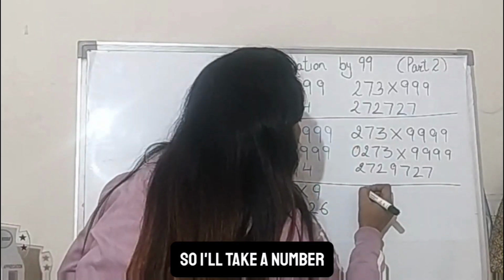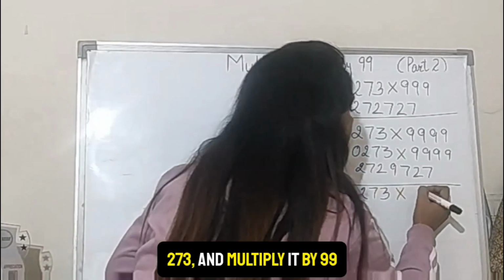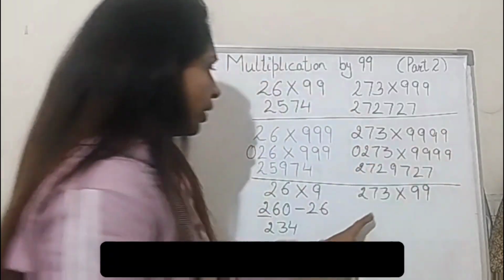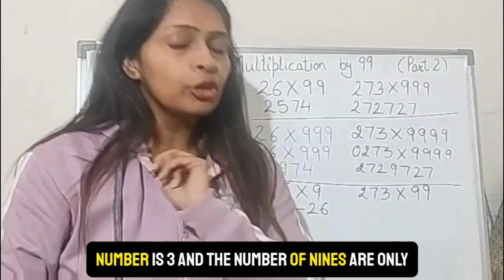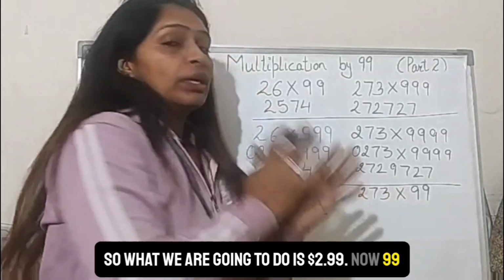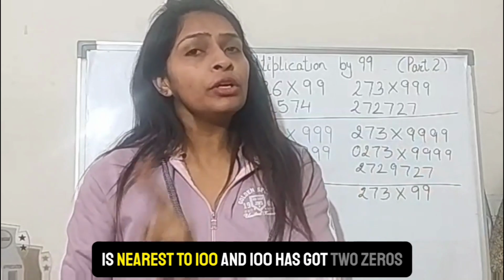So I'll take the number 273 and multiply it by 99. Here also the number of digits in the number is 3 and the number of nines is only 2. 99 is nearest to 100, and 100 has got 2 zeros.